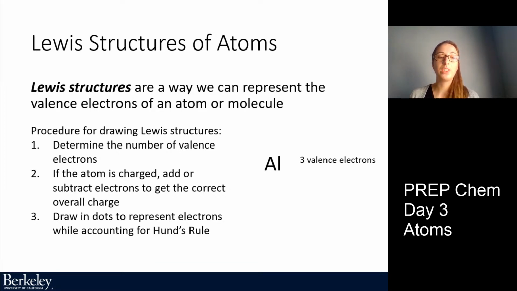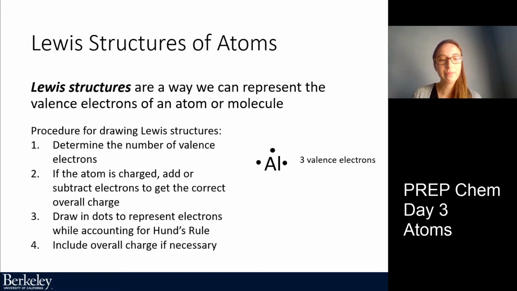And then you would want to draw in dots to represent electrons while accounting for Hund's rule. What this means is that we would put 1 electron on one side of the aluminum first, then a second electron on the top, and then the third electron all the way on the end. We would not want to put 2 electrons next to each other, because that would violate Hund's rule, like we had discussed before.